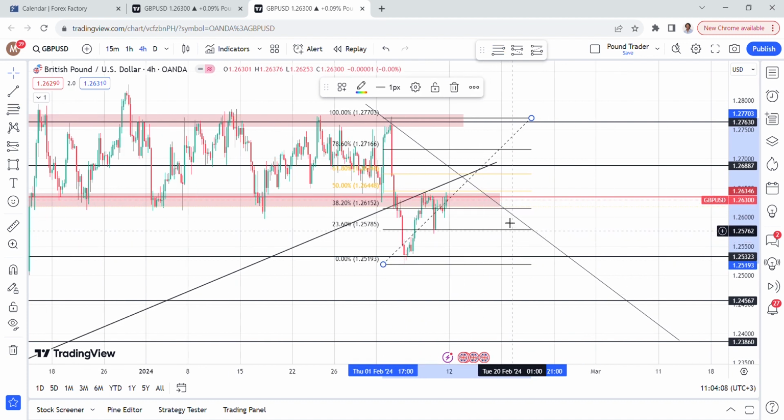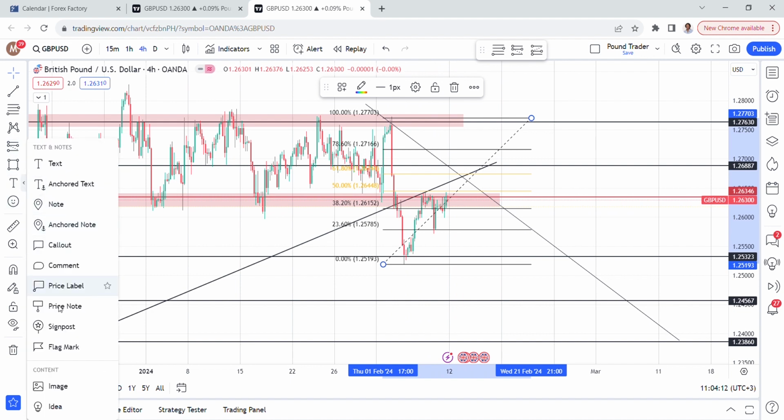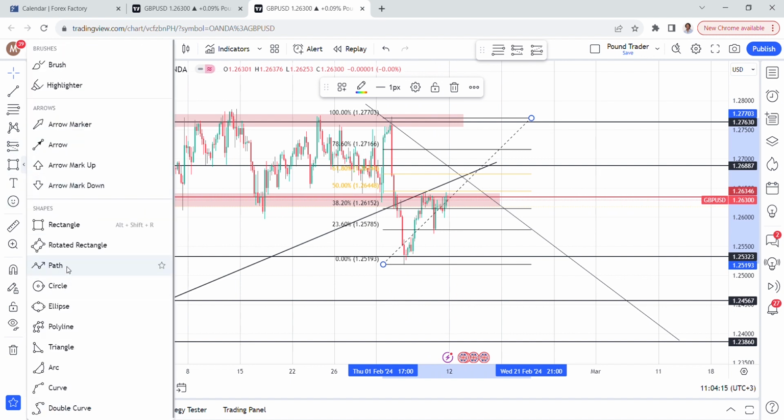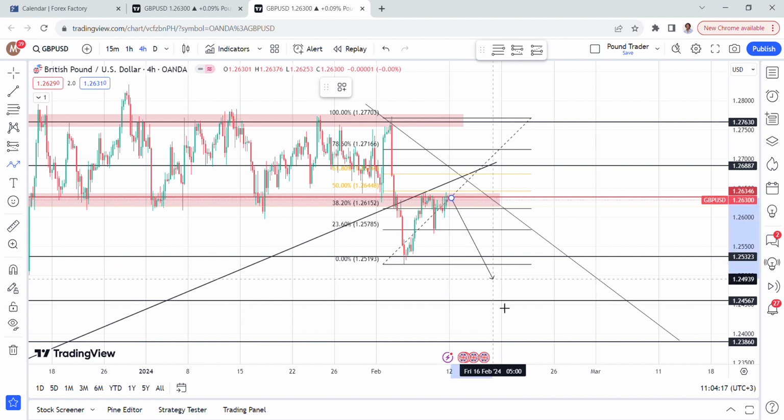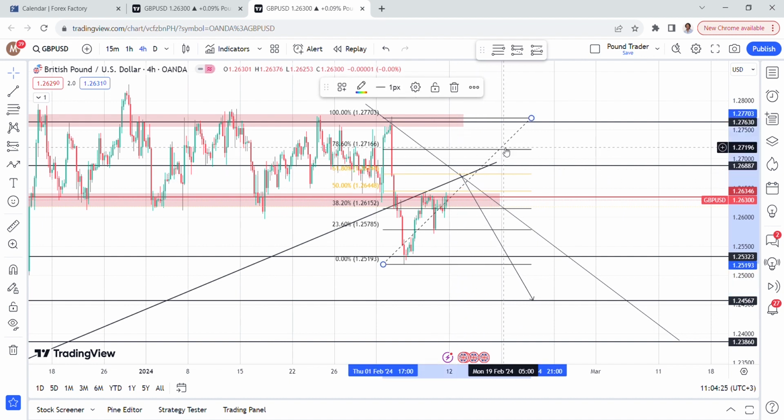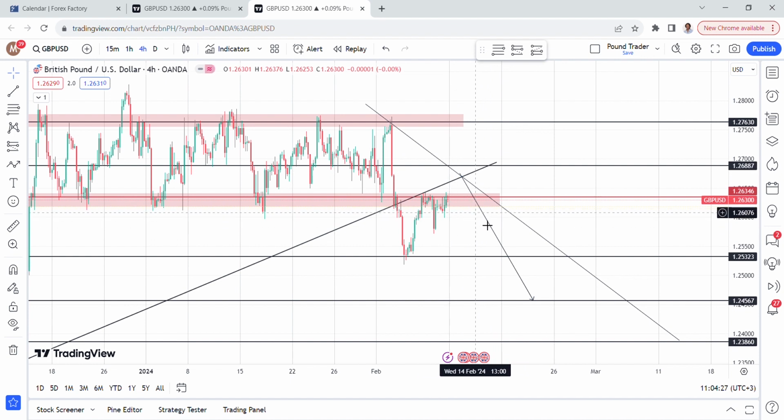So I think there's a good possibility that we might get some room to the downside. But if not, then I'll be waiting for a retest around this level here, which is also the 61.8% fib level, before taking it down.